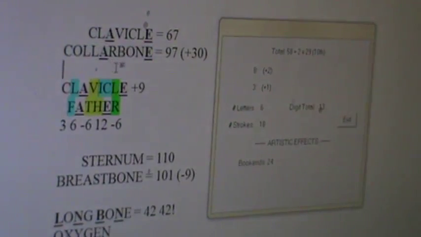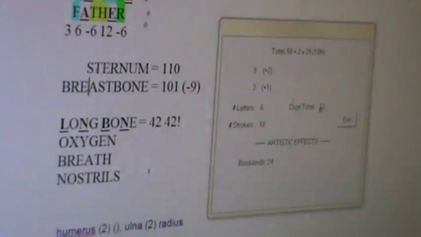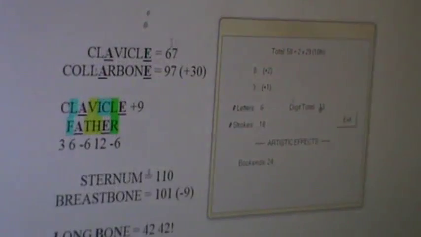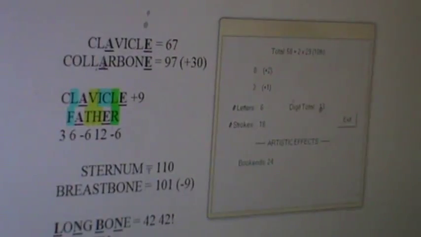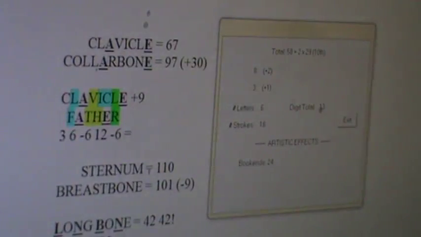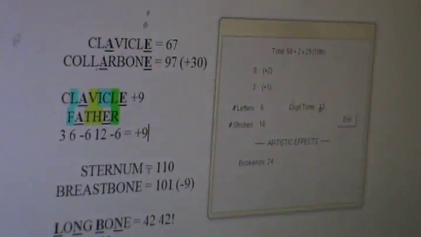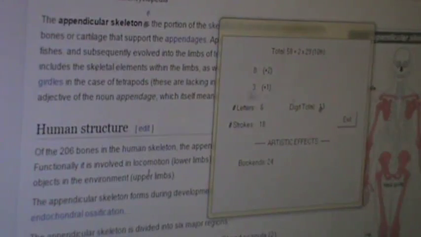Collarbone, the common name. Sternum, the scientific name. Breastbone, the common name. But look at the beauty of the parallelism in both of these. Very obvious. And now we can study collarbone versus Father. So this entire offset builds the +9, which is -6, -6, that crosses with the 12, the 3 plus the 6 equals the overall +9. So, with the whole Trinity being glorified in this feast.